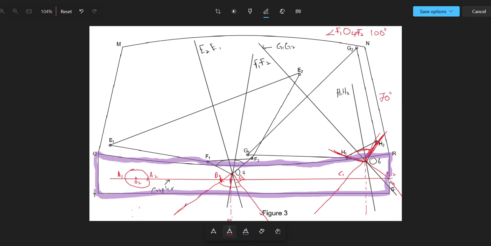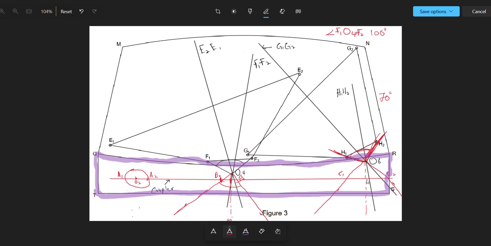This is just a rough sketch. That is why C2 is almost at the edge of the line RS. But you are going to use a compass and your measurements are going to be more accurate. So C2 should be far away from SR.